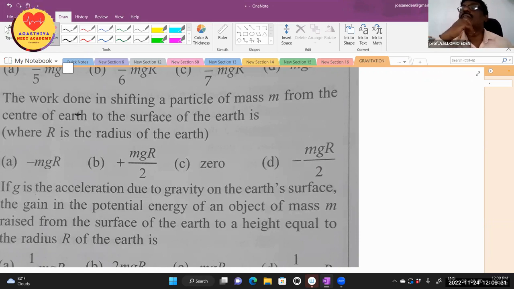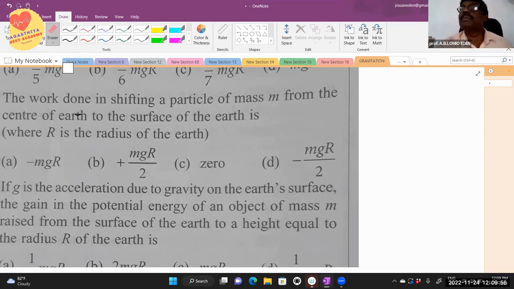What does it mean, work done? It is nothing but the gravitational potential energy. As per definition, the work required to move any mass from one point to another point is called gravitational potential. The corresponding energy is gravitational potential energy.